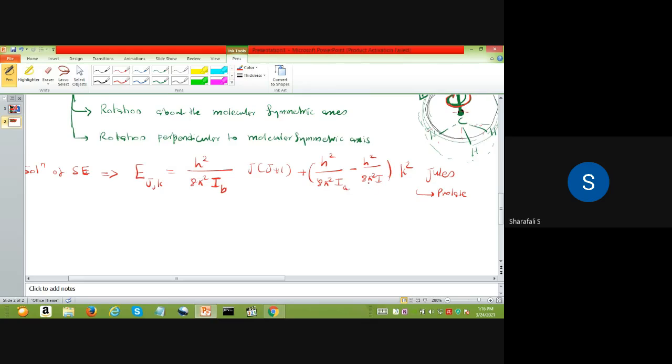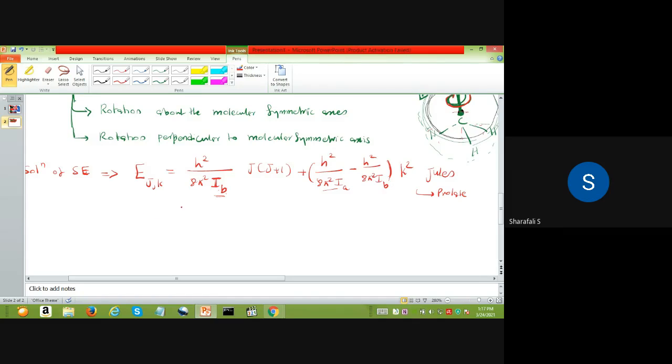Either IB or IC you can consider here, because both of them are the same. So this will be h square by 8 pi square IB j into j plus 1 plus h square by 8 pi square IA minus h square by 8 pi square IB into k square, this much of joules.